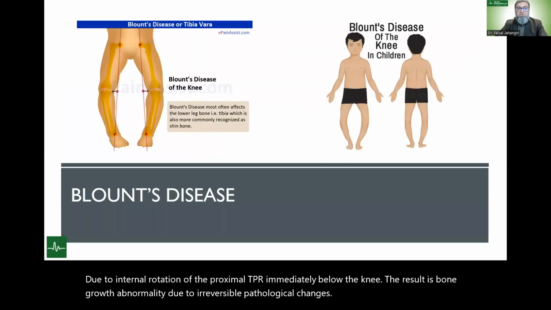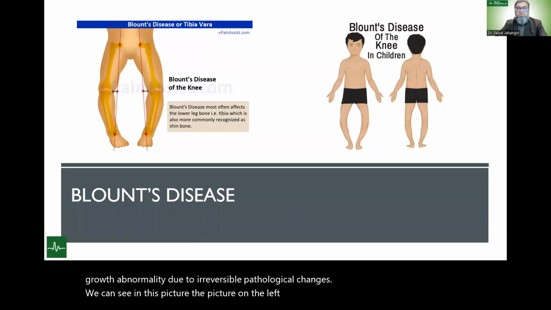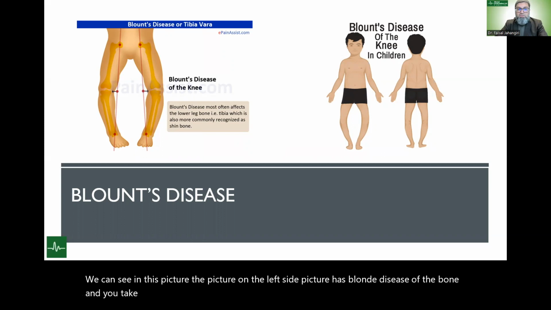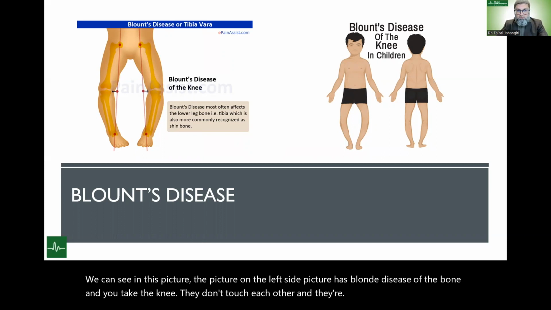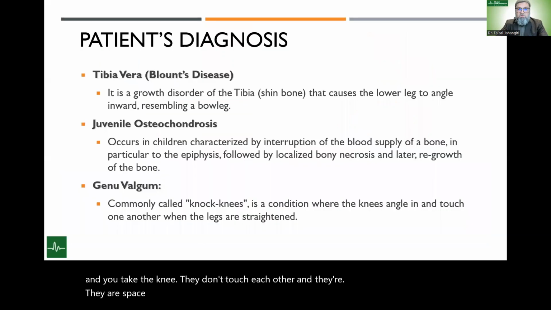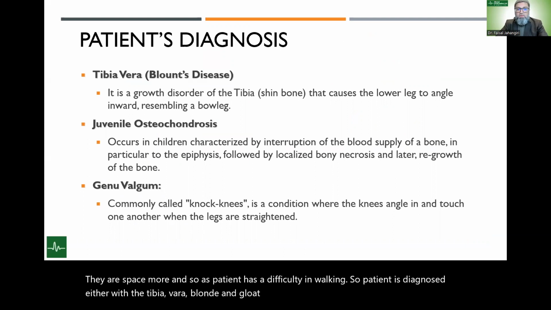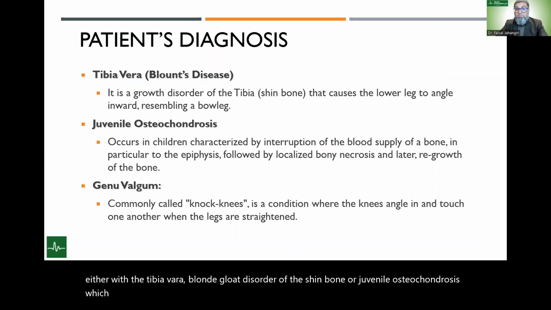We can see in this picture that the patient on the left side has Blount disease of the bone, and the knees don't touch each other, they are spaced more apart, so the patient has difficulty walking. The patient is diagnosed with either tibia vara, a Blount growth disorder of the shin bone, or juvenile osteochondrosis, which is characterized by interruption of the blood supply.